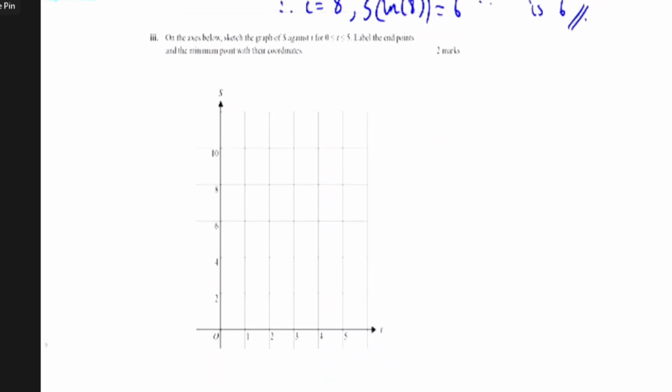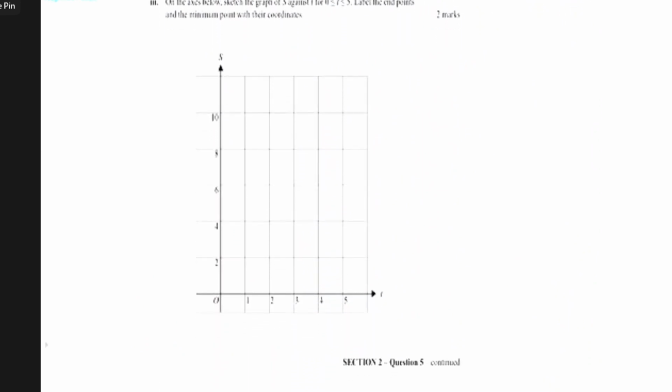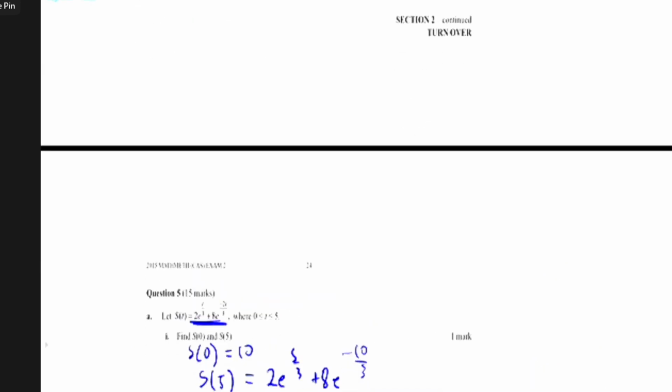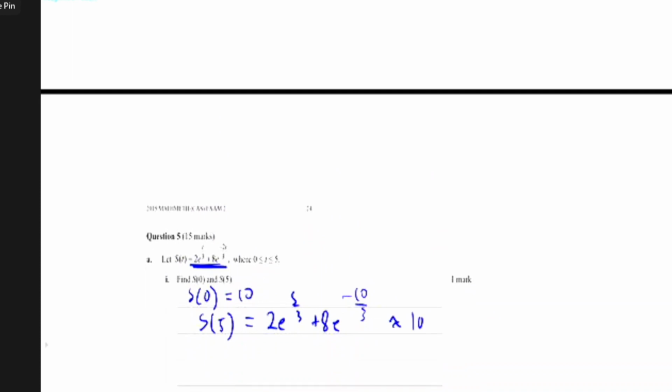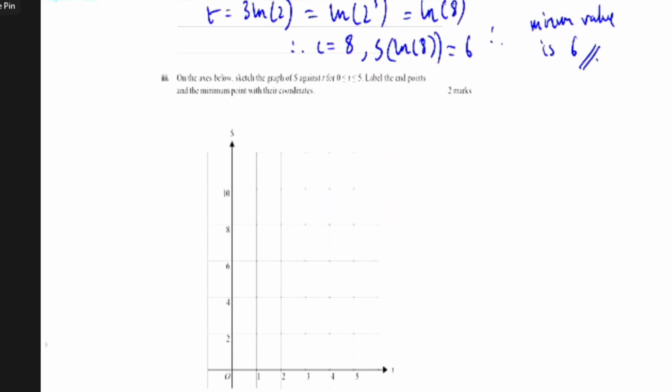When you graph this, it's from 0 to 5. With the CAS, you can evaluate these numbers. I think this was around 10.87. And I think ln 8 was around 2.3. So, yeah, around 2.3.